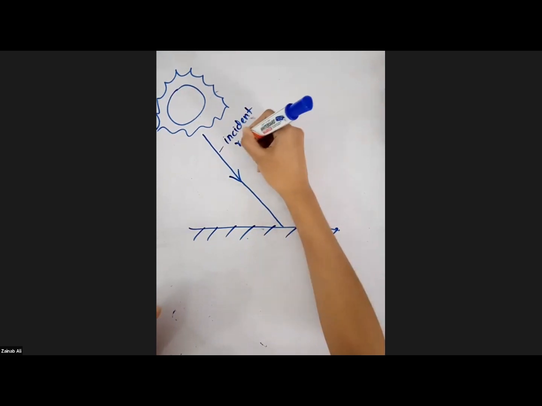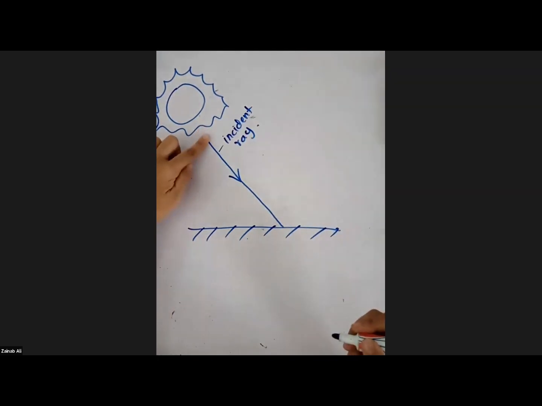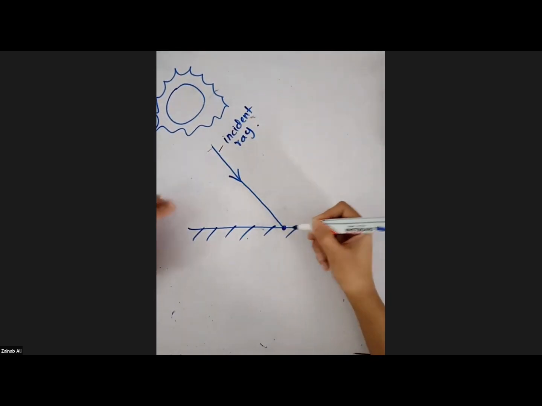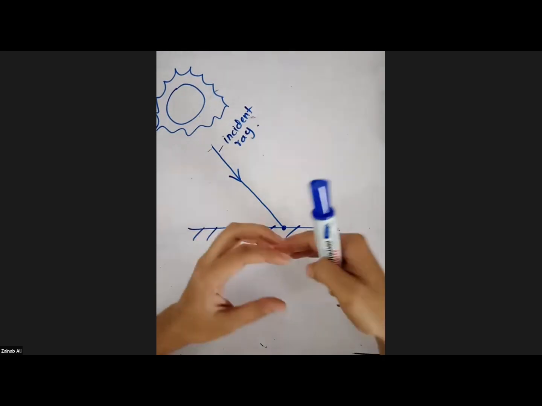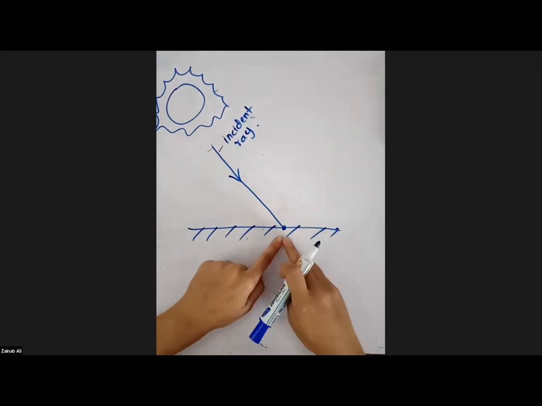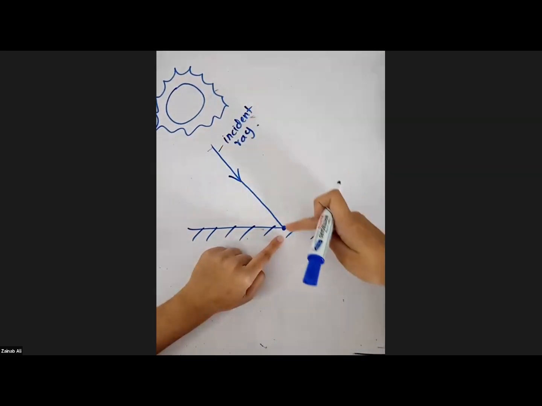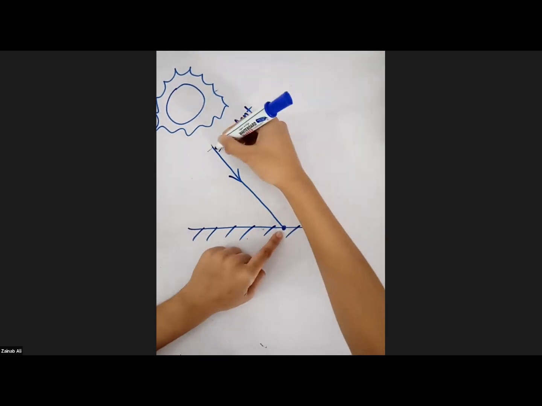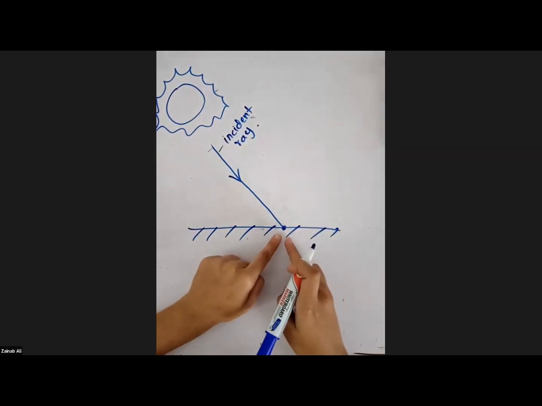How can we name this ray? Incident ray. Here is the point where that incident ray is coming and knocking, right? This is the point where the incident ray is meeting the plane mirror.